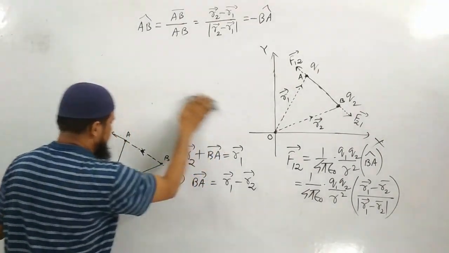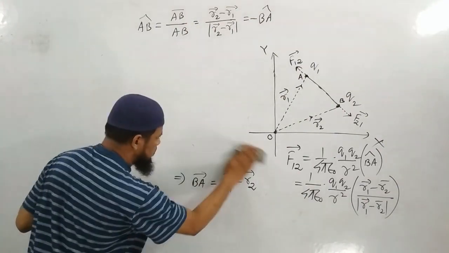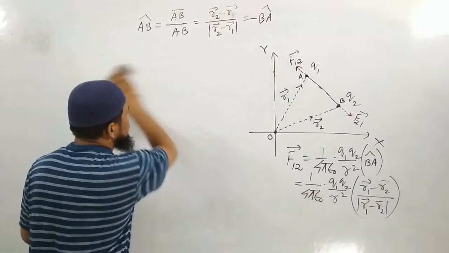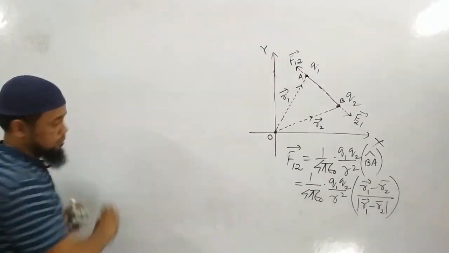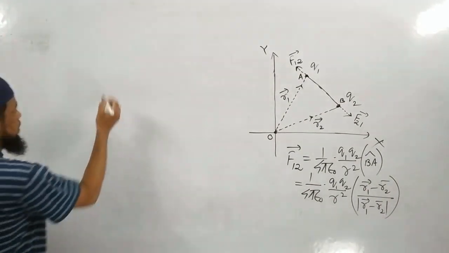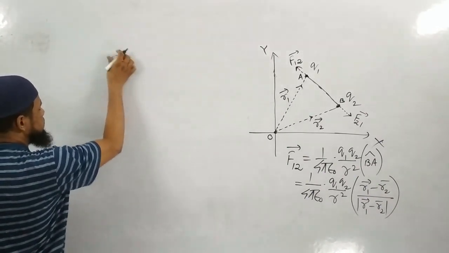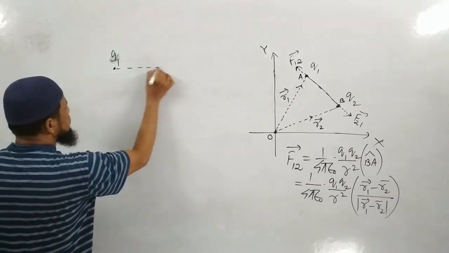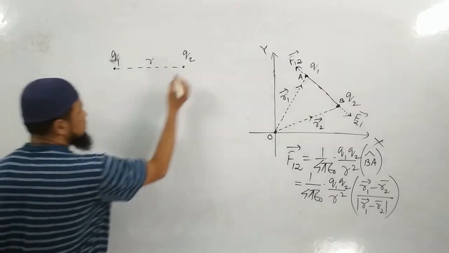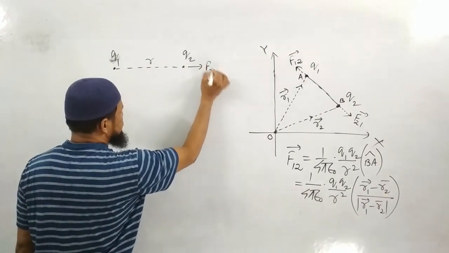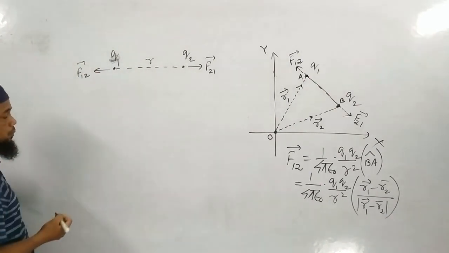Let me rewrite once again. This is Q1 and this is Q2, separated by distance R. This is F21 and this is F12.